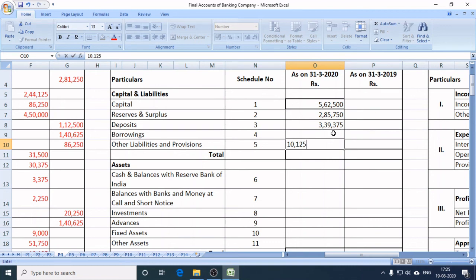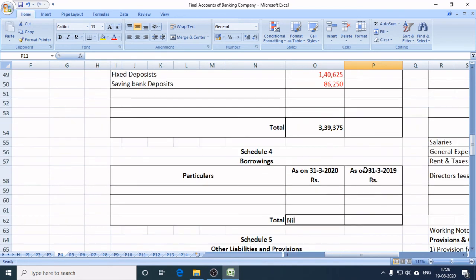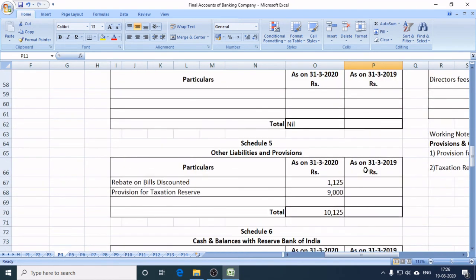I'll type it, and here I'll type nil. Now let's make the total of capital and liabilities. It is 11,97,750.